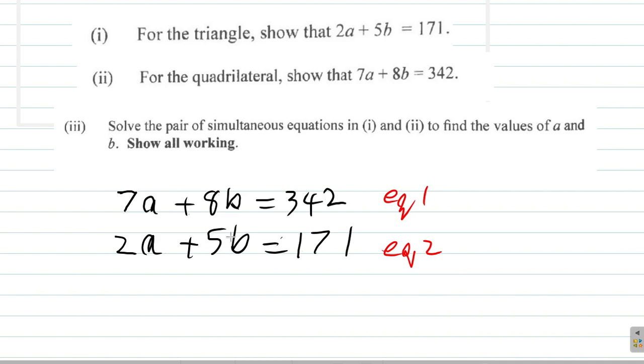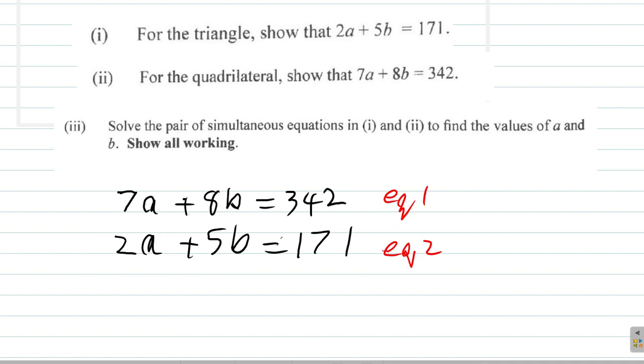Our problem is that we have 2 unknowns in 1 equation, so you can't just solve. Equation 1 has unknown a and unknown b, and equation 2 also has unknown a and unknown b. What you want to do is get rid of a and have b alone as the only unknown, or get rid of b and have a alone.